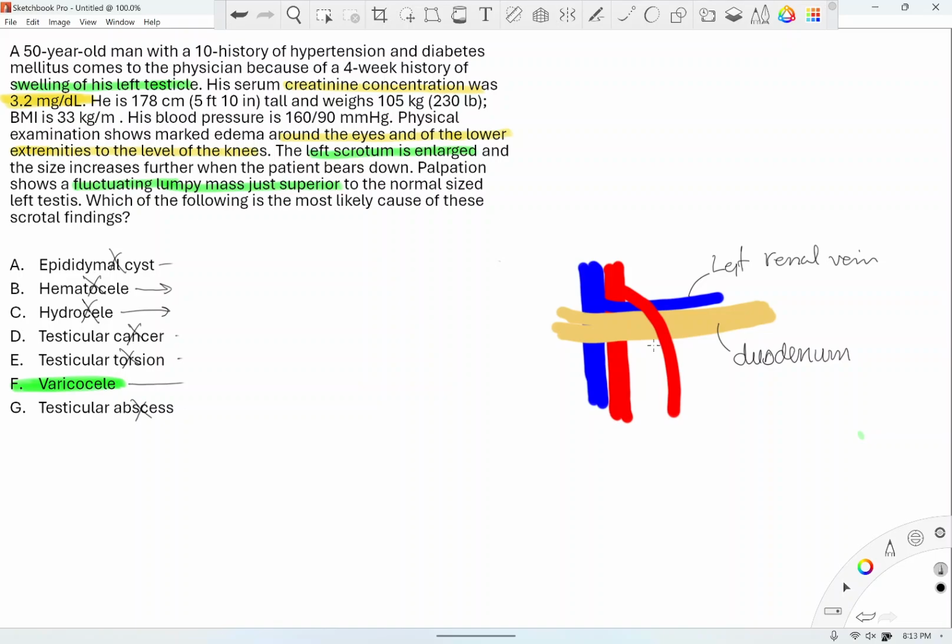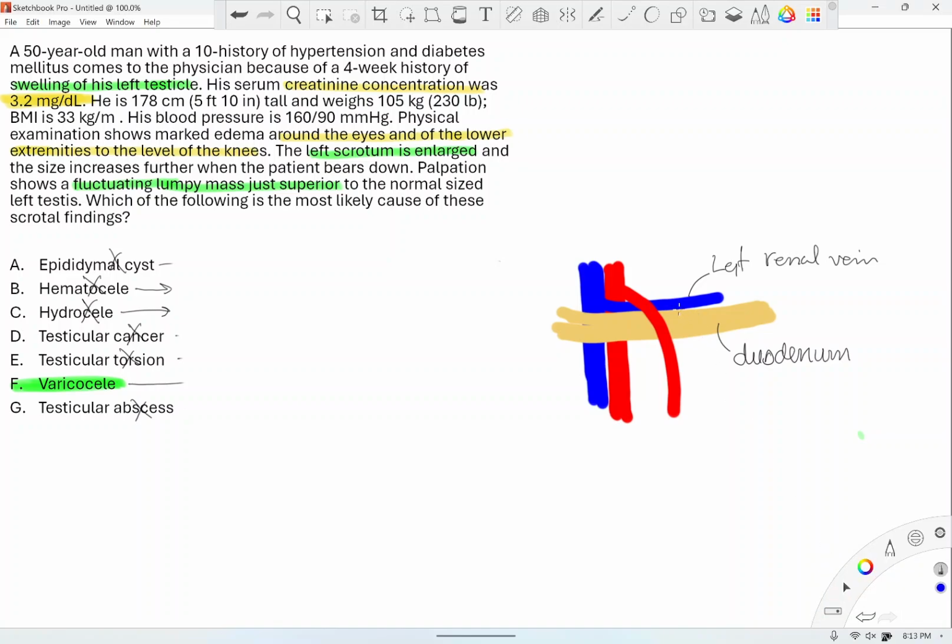The right renal vein drains directly into... sorry, in this case, what was the thing? The testicular vein, right? The left testicular vein drains into this left renal vein. That's what I was trying to say. Okay, let me change color.